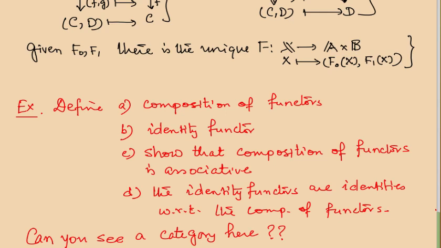Now let's have another example, and that is, say, the category of arrows. So let A be a category.